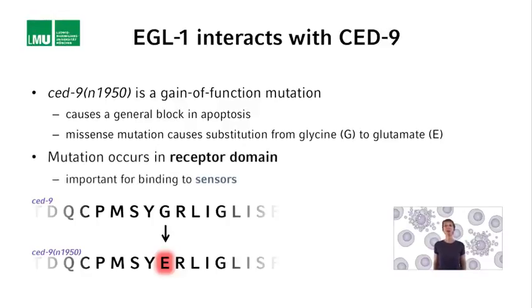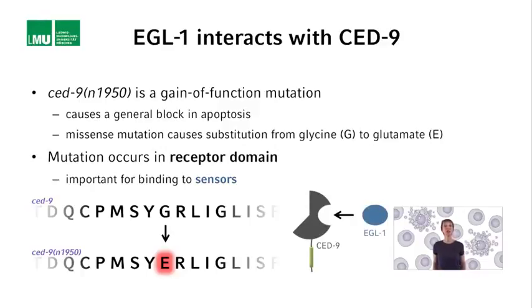This amino acid is within a conserved region of the SET9 protein that is referred to as the receptor domain of the guardians. Based on studies performed with the mammalian guardians, this domain is important for the ability of the guardians to bind to the sensors.